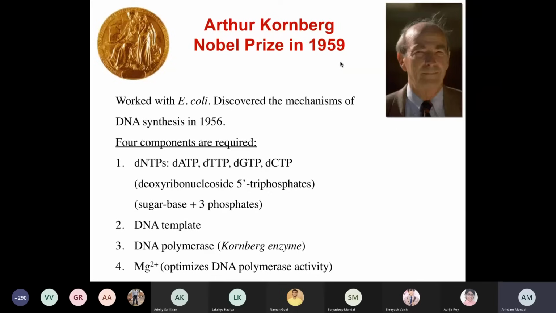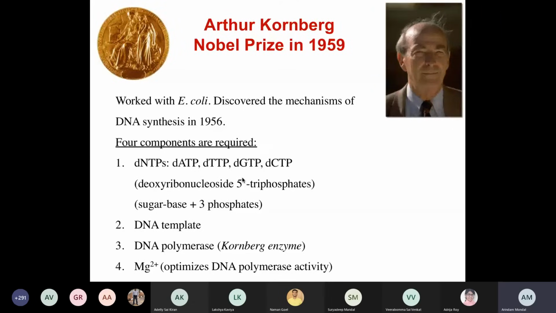Now before getting into the mechanism of DNA replication, I would like to mention the key components which are used during the DNA replication process. First of all, you need the raw material in order to synthesize a polymer. DNA is nothing but a nucleic acid, which is a polymer of nucleotides, right? We have discussed the structure of DNA in the previous class, where we showed that the nucleic acid is a polymer composed of monomeric units known as nucleotides.